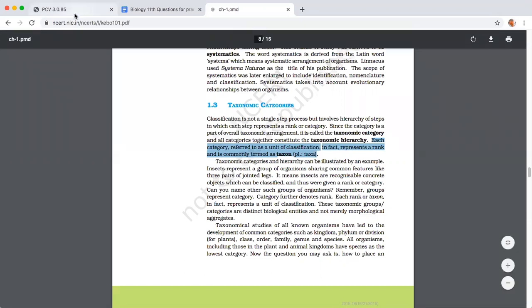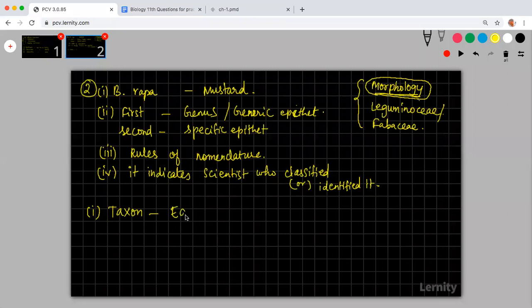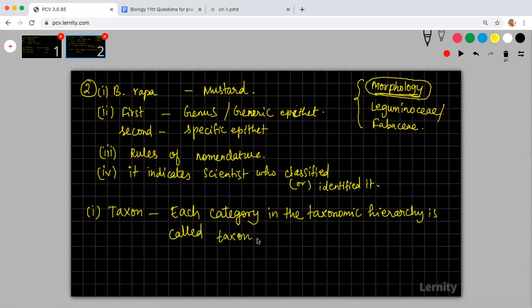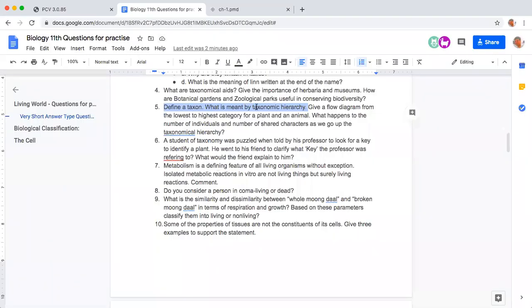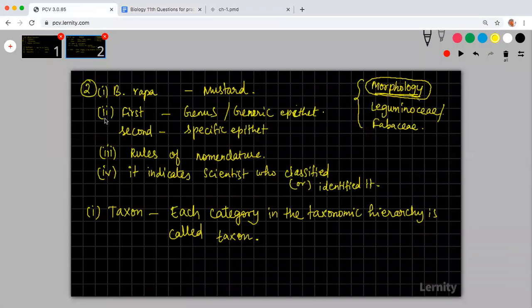Taxon. Okay. Second part. What is meant by taxonomic hierarchy?